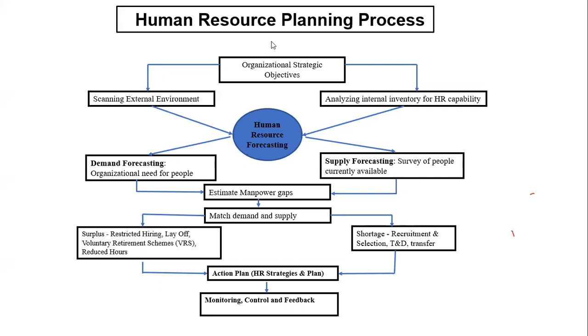Do you see any problem here? Yes, sir. We are forecasting for 50 people, but we have 40, so we are left with an additional 10. Very good. Thank you very much.